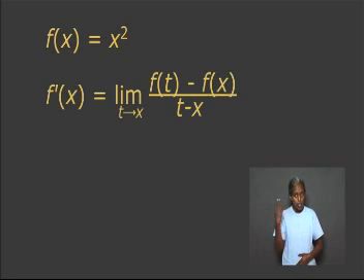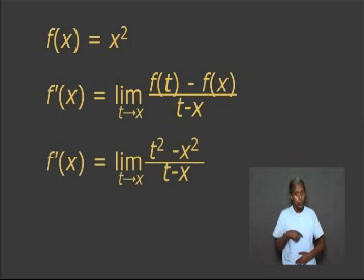Using our definition of f prime of x, we find that f prime of x equals the limit of (t squared minus x squared) over (t minus x) as t approaches x.